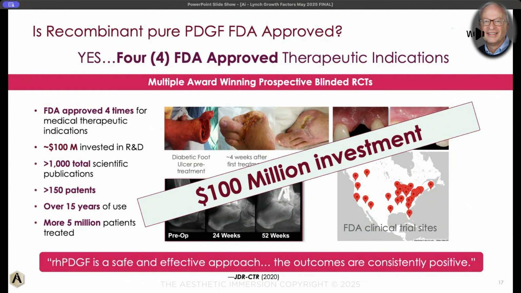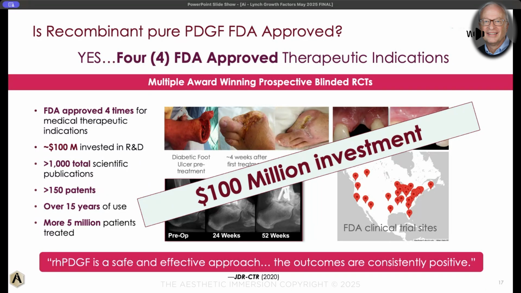It cost us $100 million, actually in excess of that, to develop 4 different pure PDGF products, same PDGF that's in Ariessence, for the treatment of chronic skin wounds in the lower extremity of diabetic patients, for stimulating the healing of those, for stimulating the healing of oral maxillofacial surgery, bone, gingival soft tissue defects, and 2 products for stimulating, enhancing healing and orthopedic surgery.